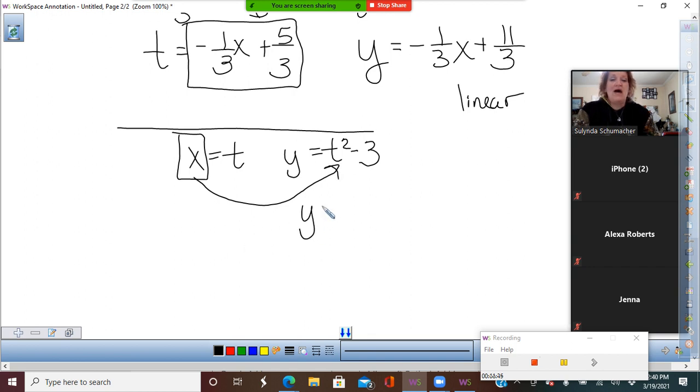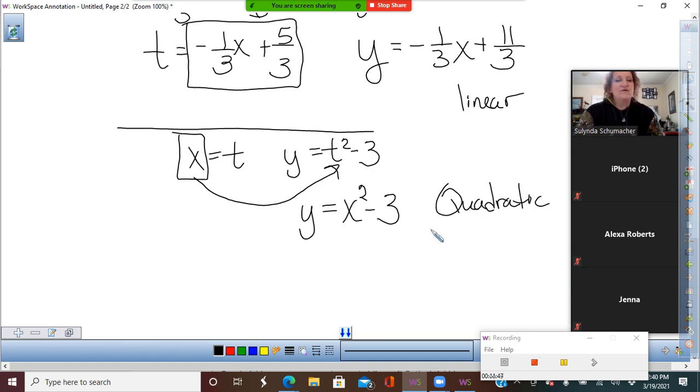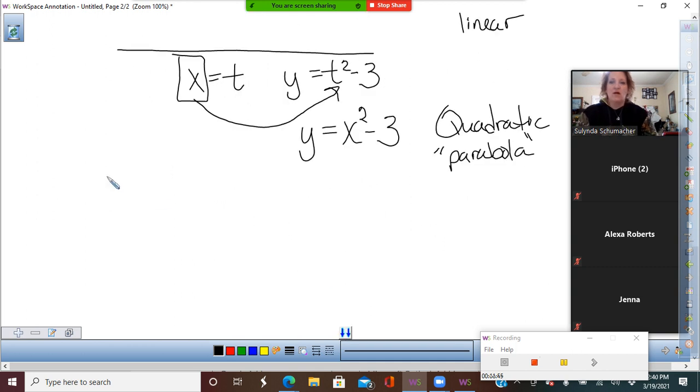So you just get y equals x squared minus 3. And then what kind of function is this? It's a quadratic, right? Or you can say a parabola if you prefer. Either one's good.